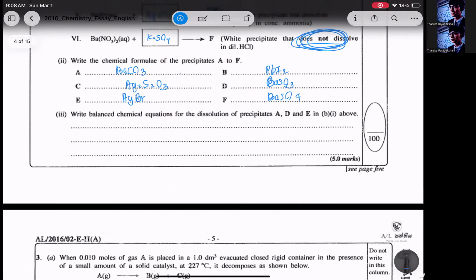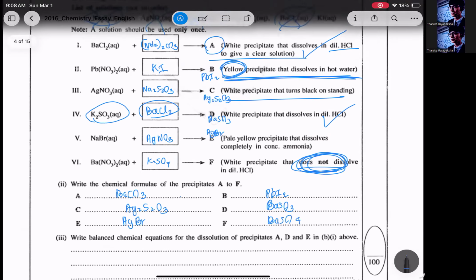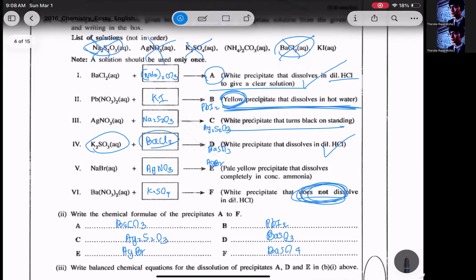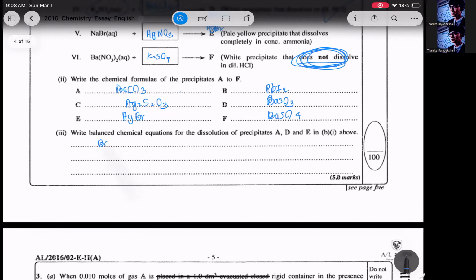Write balanced chemical equations for dissolution of precipitates A, D and E. So A and D are going to react with dilute HCl, actually. Barium carbonate plus HCl is going to form barium chloride plus carbon dioxide plus H2O. Now this one you can write on your own.